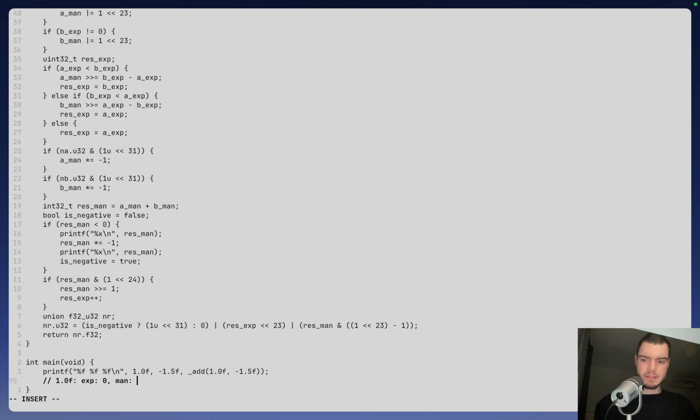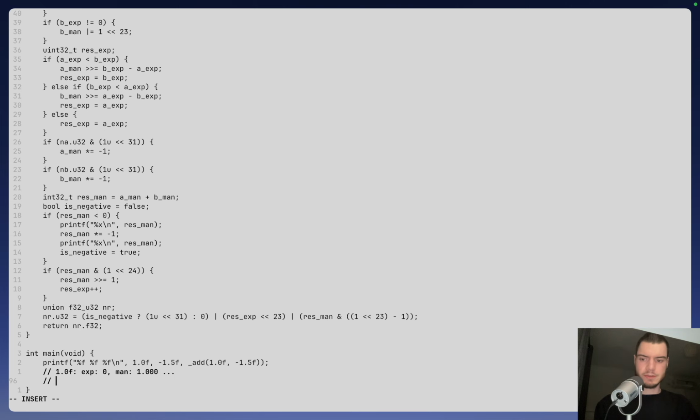And our mantissa is 1 point and then 23 zeros. And minus 1.5 is again an exponent of 0, because 2 to the power of 0 is 1.